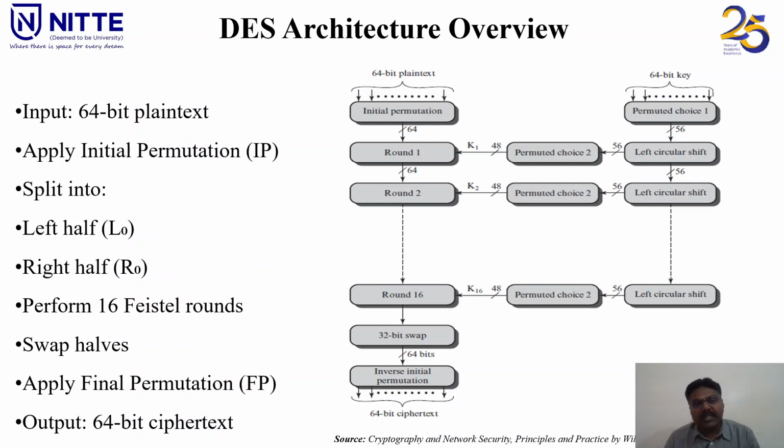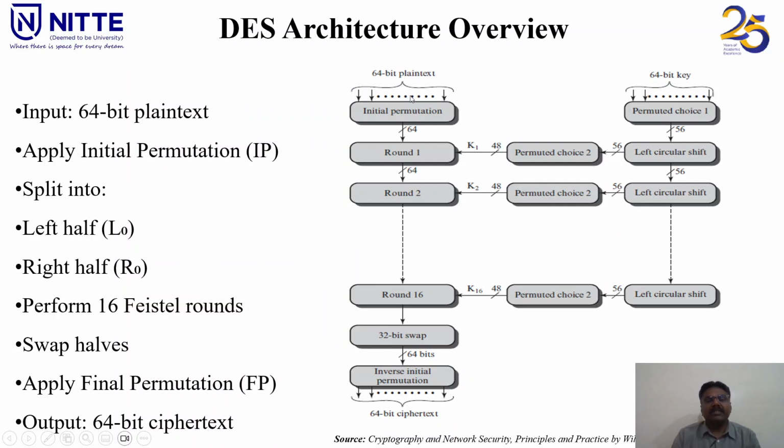So now we try to understand the DES architecture overview. On the right side we'll be seeing the entire architecture. In this diagram we have a key. For every round, we'll make use of a unique key from the original 64-bit key, and one block of data of size 64 bits we'll be using to perform encryption.